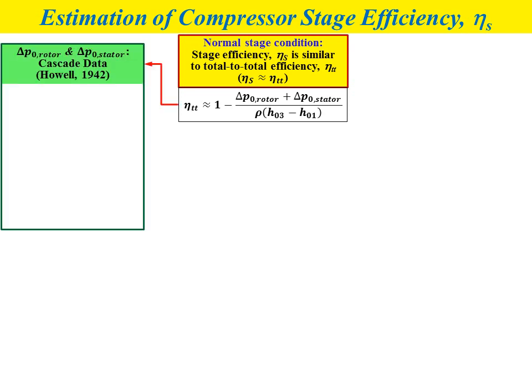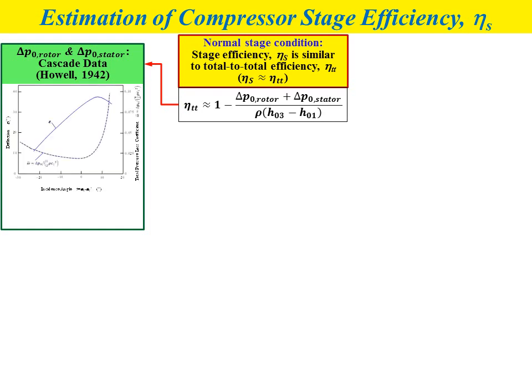For the value of delta p naught for both rotor and stator, we can determine by using cascade data obtained by Howell 1942. You already learned this graph as shown in the slide. From this graph, we can determine delta p naught for the stator and also for the rotor, and we can substitute into the equation for total efficiency.